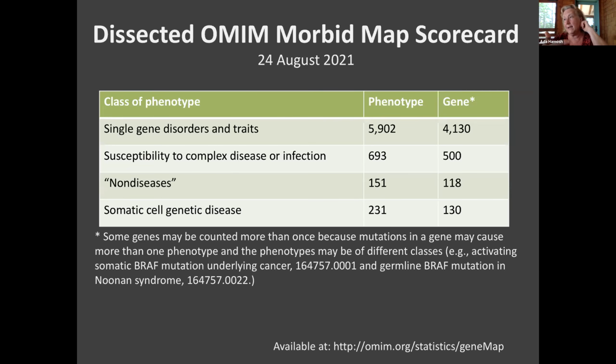All cancer things are considered susceptibilities because you need a second hit. And also things like herpes simplex encephalitis. So it's a recessive susceptibility. If you don't have the misfortune of being exposed to herpes, you aren't going to get the disease.